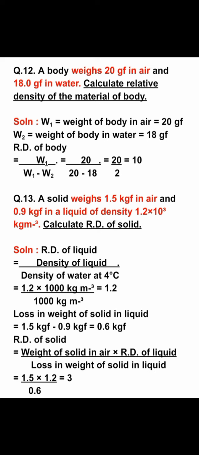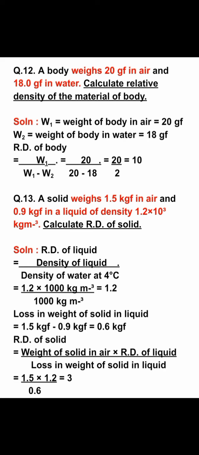So the relative density of the liquid equals the density of the liquid divided by the density of water at 4 degrees Celsius. So it's 1.2 into 1000 kg per meter cube, which is given, and the density of water is 1000 kg per meter cube. That value we have to remember. Now 1000 kg per meter cube cancels from the numerator and denominator, so it is coming 1.2. So the relative density of the liquid is 1.2.